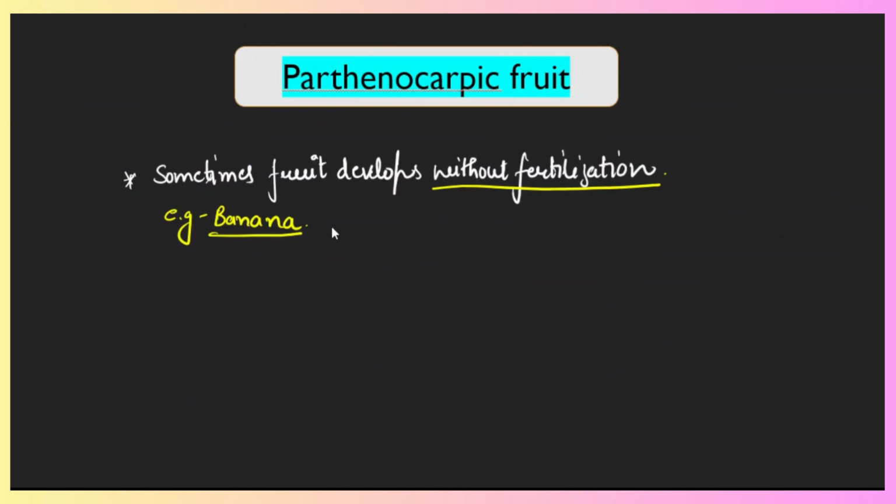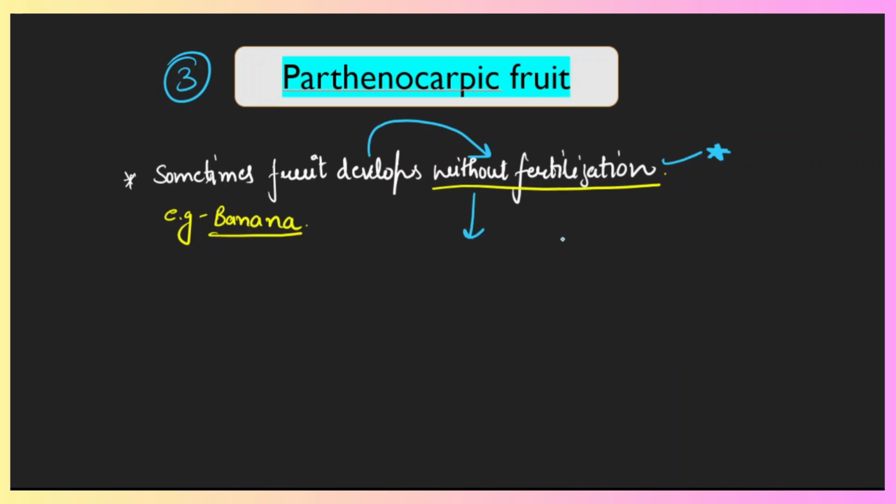The third type of fruit is the parthenocarpic fruit. Parthenocarpic fruits are the fruits which develop without fertilization. This point is very important. The fertilization does not happen during the formation of the parthenocarpic fruit.